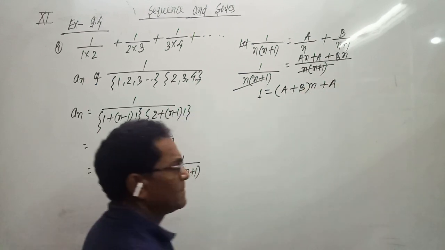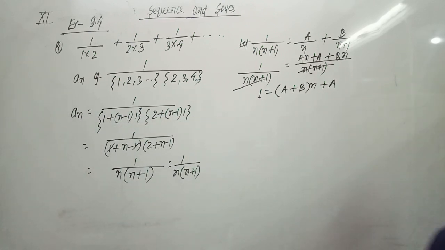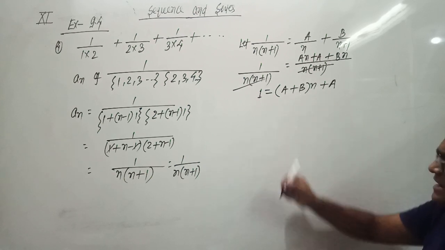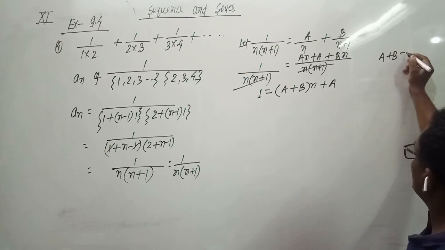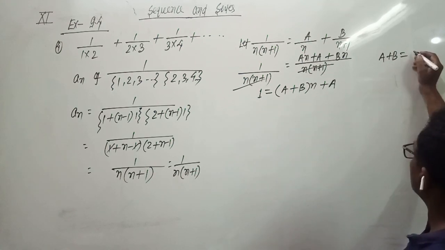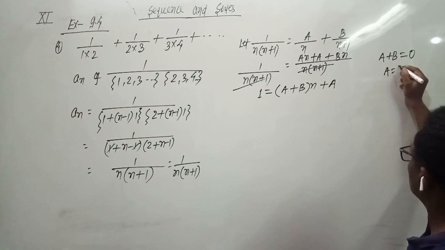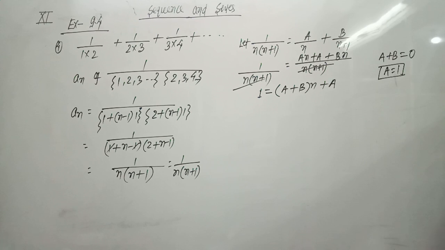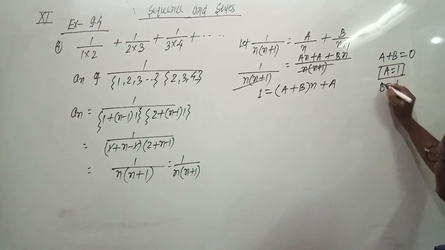Now we equate the coefficients from both sides. The coefficient of n on the right side is a plus b, and the coefficient of n on the left side is 0. The constant term is 1, so a equals 1. Putting a equals 1, we get b equals minus 1.